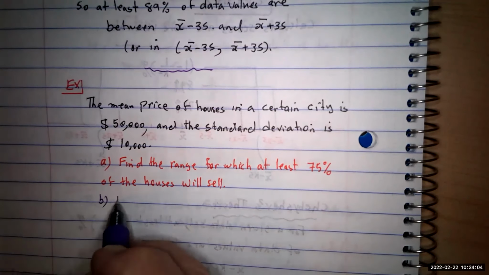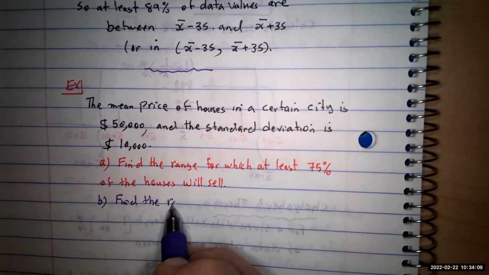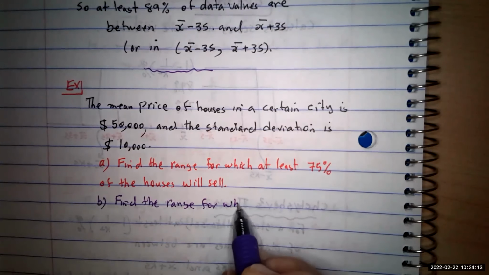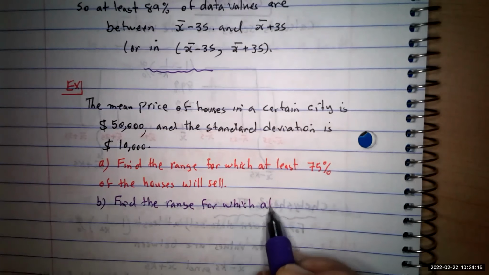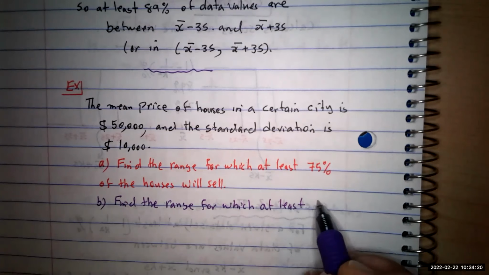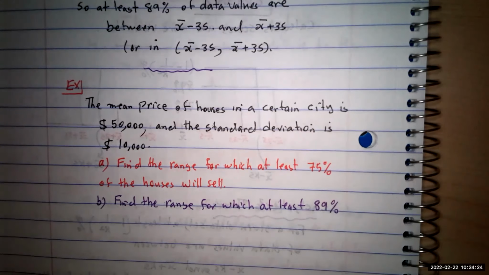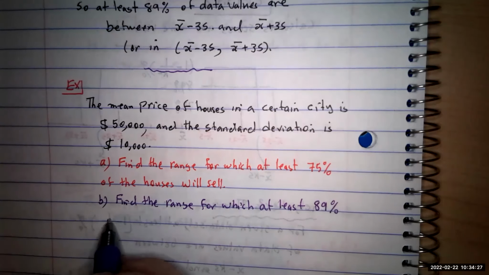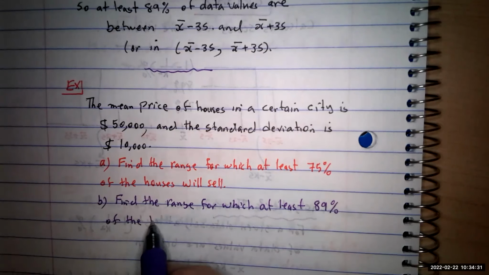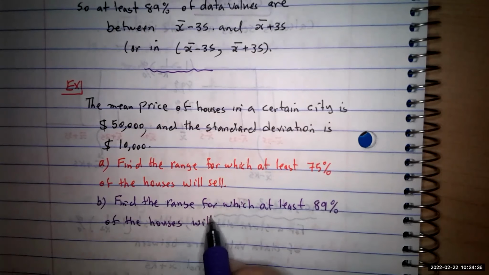The next one is, again, find the range for which at least, almost all of them in this case, at least 89% of the houses will sell.